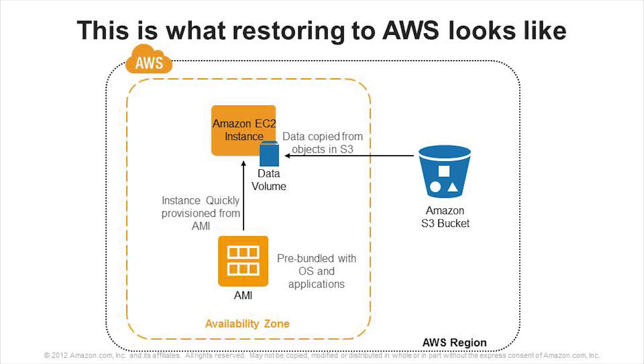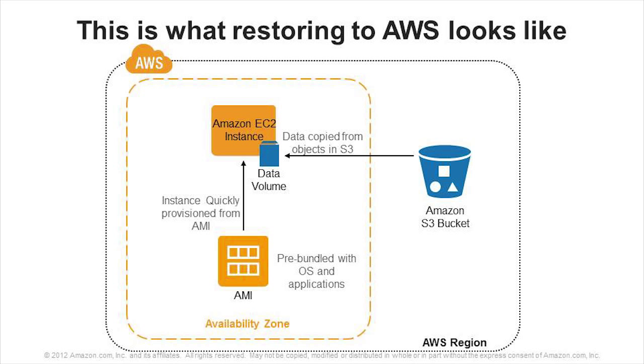What you need to be able to do at that point is you need some processing power. So you're going to launch an EC2 instance, which is simply a virtual server running any number of different varieties of Windows or Linux. And to do that, you need this very special piece of information called an AMI, or an Amazon Machine Image. An AMI is essentially the gold disk for your system.